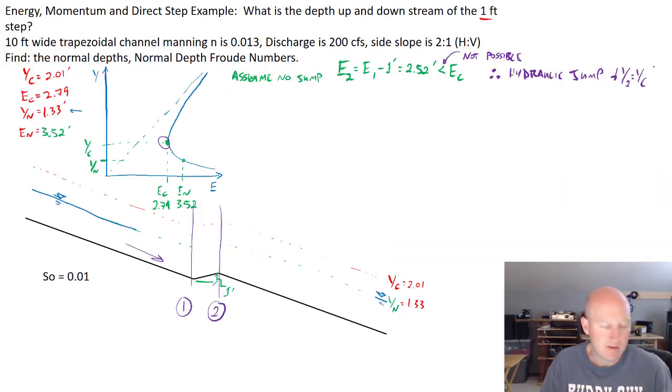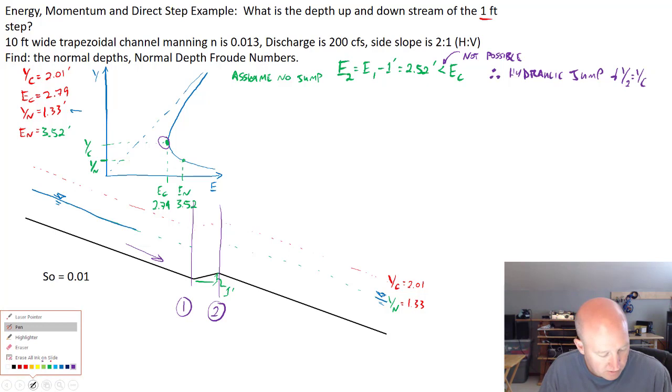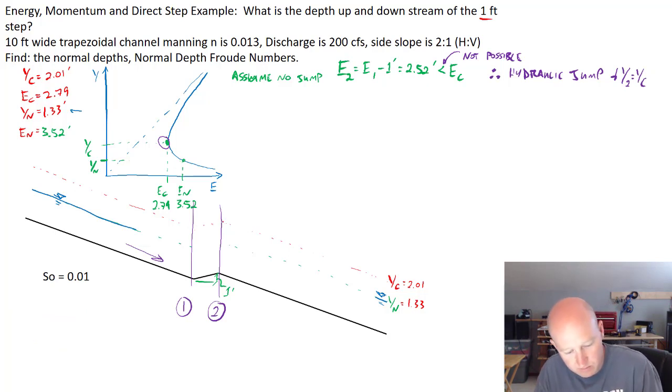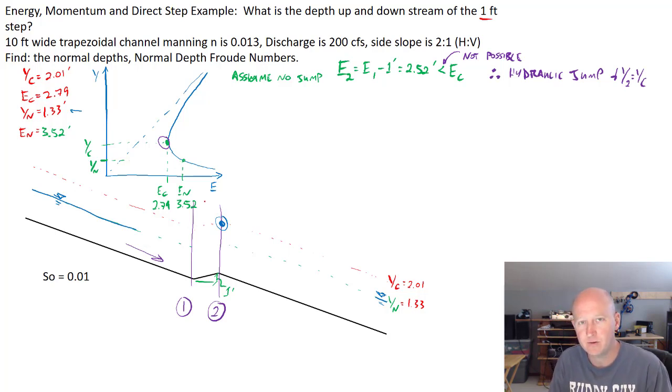And so we can actually put that point in, and if we wanted to, we can go ahead and sketch out what the downstream part of this is going to look like, because we actually know this point now. This is a known point, and we know that normal depth is supercritical. So that means that after it goes to critical, it's going to accelerate.